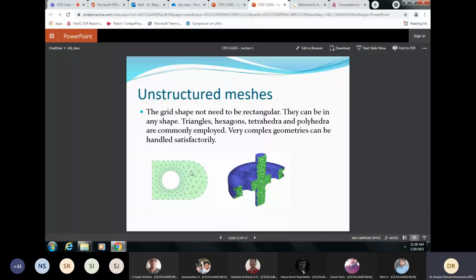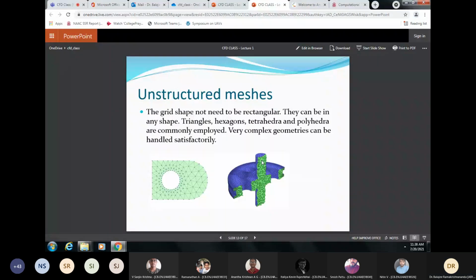In 3D problems, you can have tetrahedra. Instead of triangles, you can also have hexagons or any polyhedra in case of 3D problems. These are commonly employed. The advantage of unstructured meshes is that very complex geometries can be handled satisfactorily.